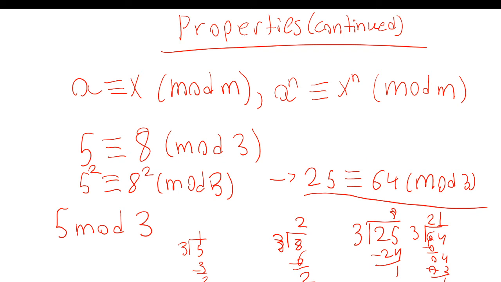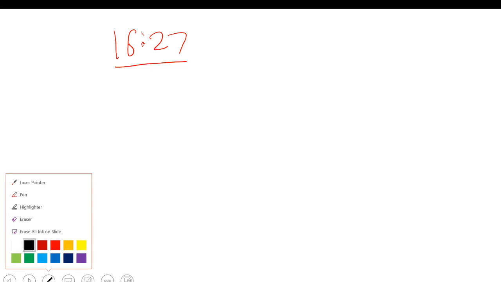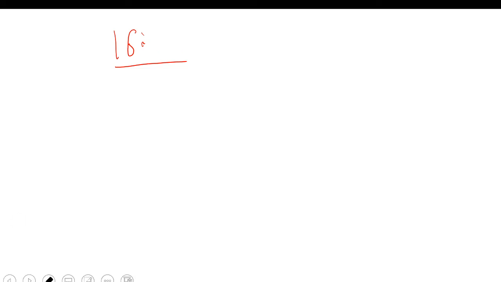So those are the properties you need to know. We can go ahead and practice. Let's say I want to find the remainder when 16 times 19 is divided by 3.